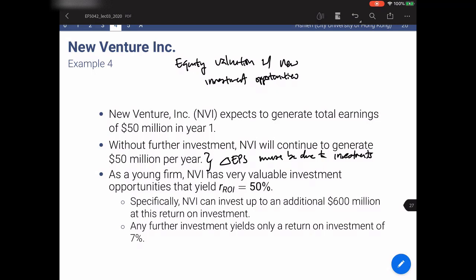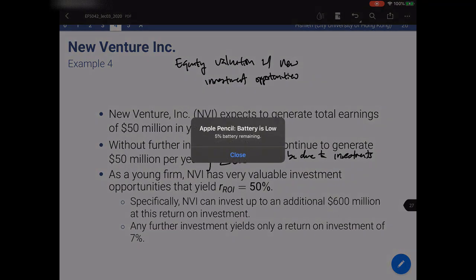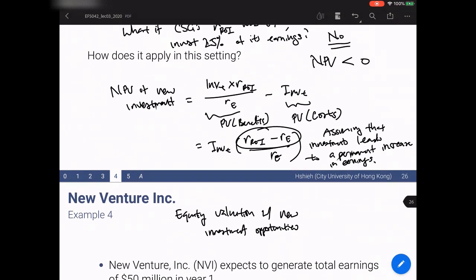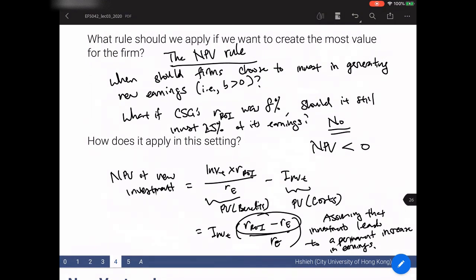Afterwards, if you invest any additional money, you will only generate an ROI of 7%. So as you learned from the previous slide, 7% may not generate positive NPV. So we have to know what our cost of capital is to figure that out.